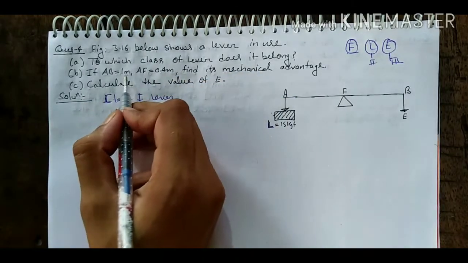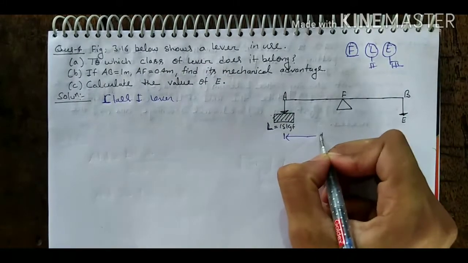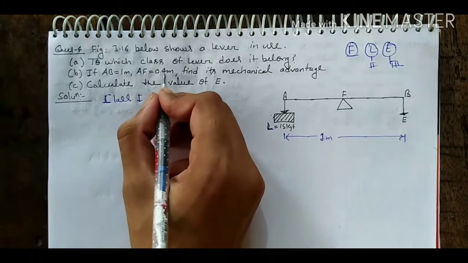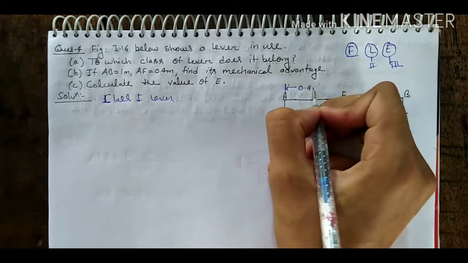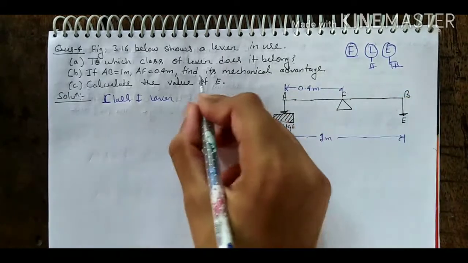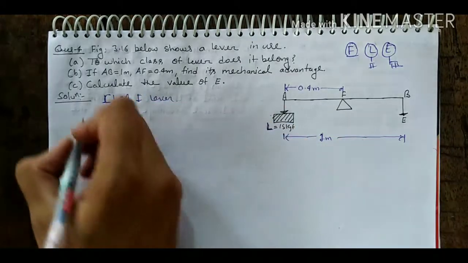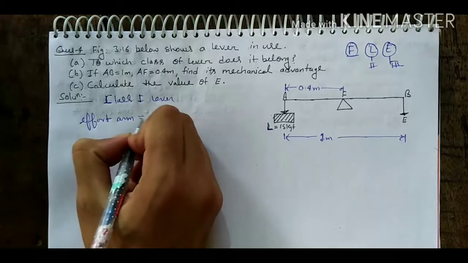And if AB is 1 meter, meaning the total length is given, AB is 1 meter. Okay, AB is 1 meter and AF is 0.4 meter. AF, this is given 0.4 meter. Find its mechanical advantage. Mechanical advantage is asking. We know that here effort arm is given.